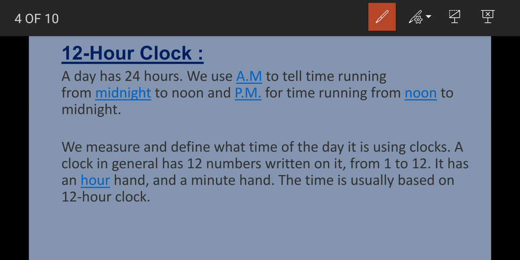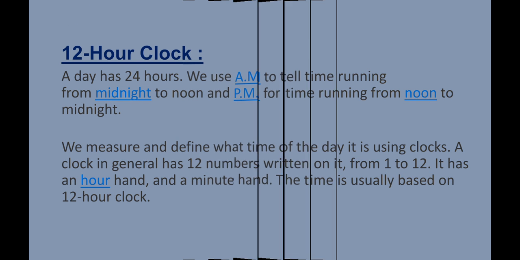According to that we can say the time, and we use AM from midnight to noon and PM for noon to midnight. Clear? Evening time is PM and morning time is AM. Next one is the 24-hour clock.